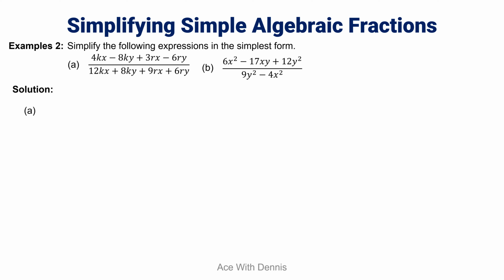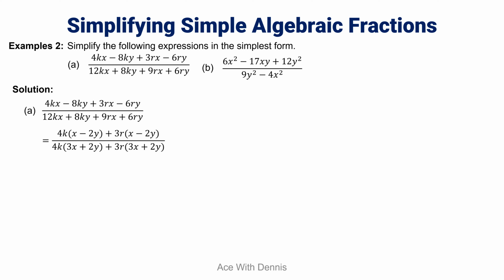So here's the solution. For A, we need to factorize both the numerator and denominator using the grouping law. For the numerator, when you factorize, we will have 4k times x minus 2y plus 3r times x minus 2y. Over, for the denominator, we will have 4k bracket 3x plus 2y plus 3r bracket 3x plus 2y.